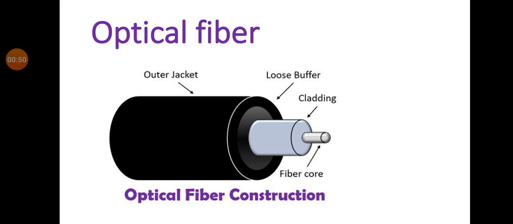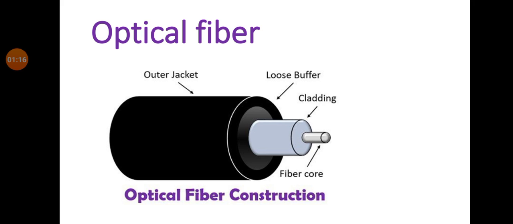But in optical fiber we transmit data in terms of light signals. Clear? So optical fiber uses light instead of electrical signals as the means of signal propagation. To transmit any data bit it uses light instead of electrical signals.